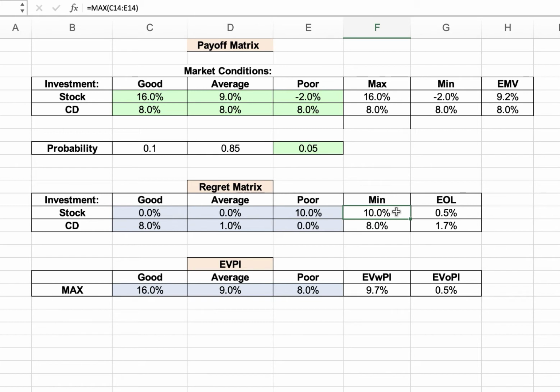The stock, that's 10%, for the CD, 8%. Remember, regret is simply a missed opportunity, or what we call opportunity loss. So we're calculating our regret first and then using the Minimax regret approach. So taking the minimum of these 2 max regrets for either alternative, we would invest in the CD when using that approach.